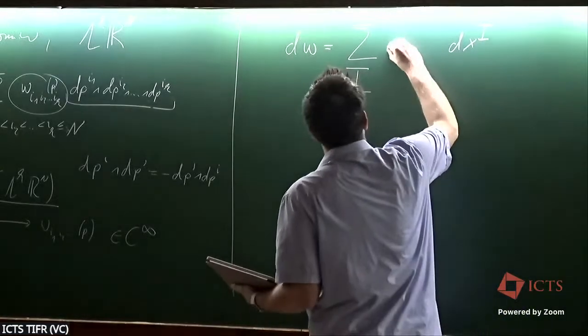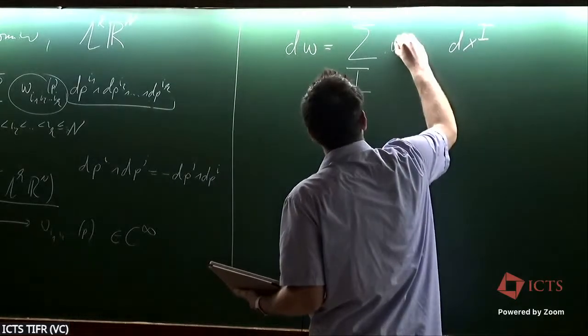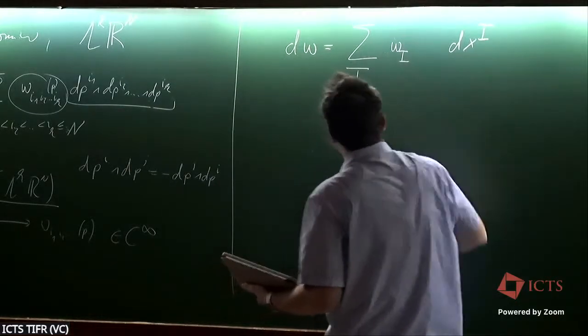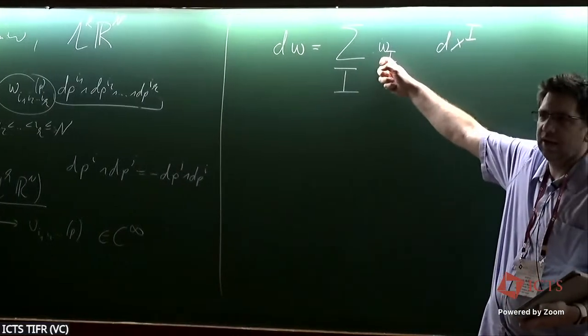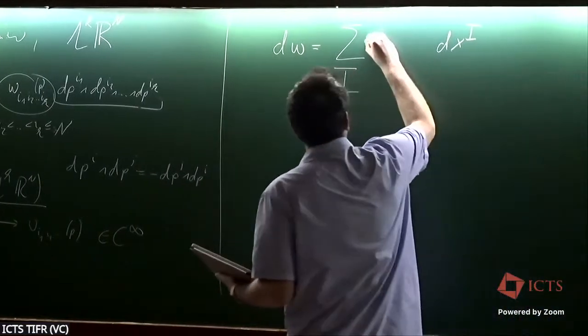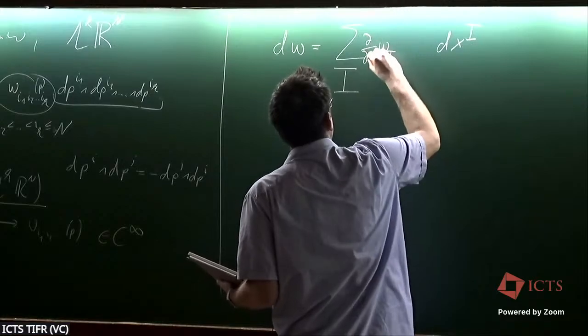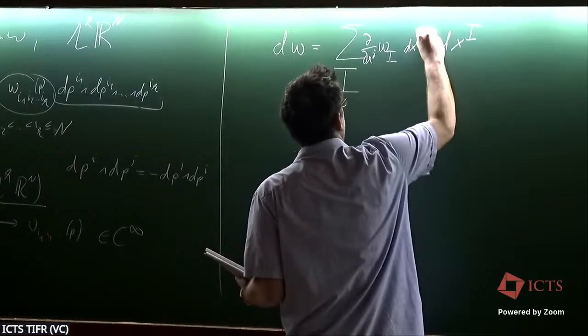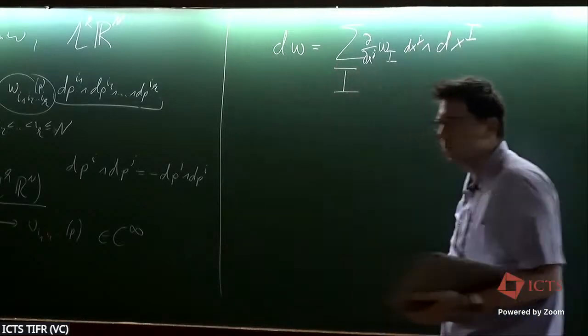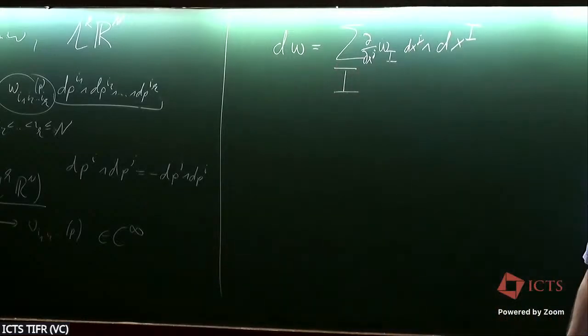And now I have here my omega I, and the differential is just differentiating this guy. So this will be d omega I over dxj, dxj wedge and whatever we had before. That's the definition of the differential, okay?